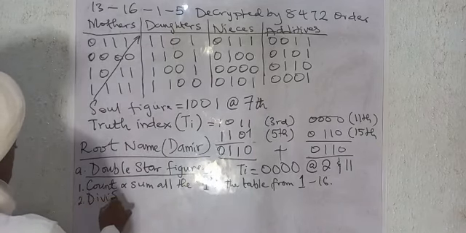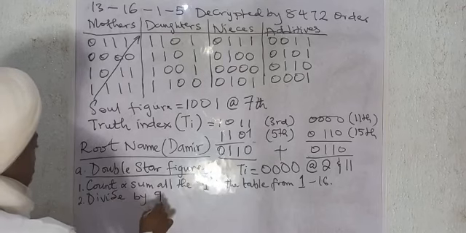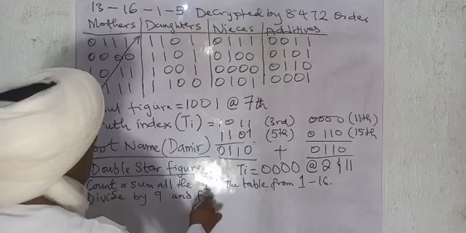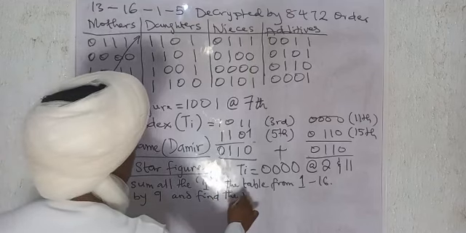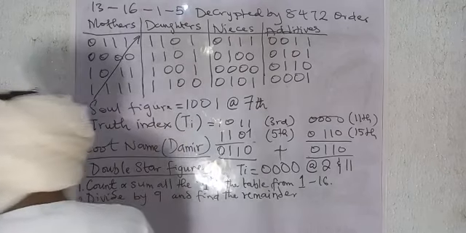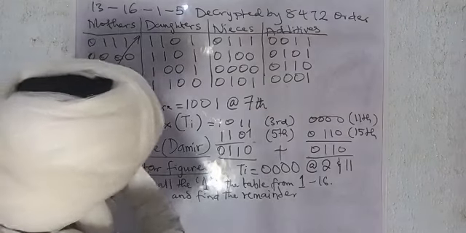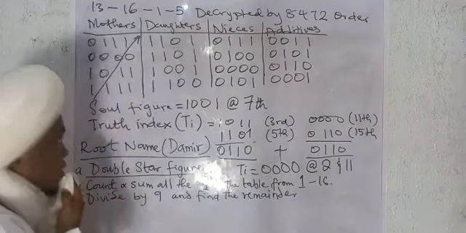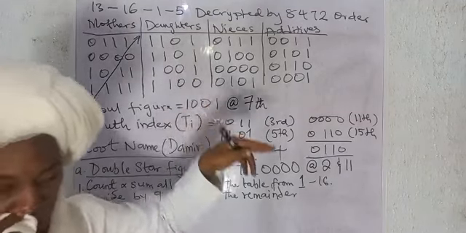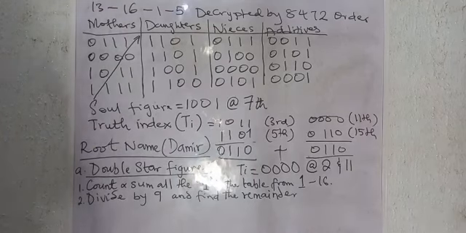Divide by 9 and find the remainder. Don't forget, you only need the remainder. Then the remainder you get, you correspond it to a particular figure in the table. Then you give that figure a star, a single star.